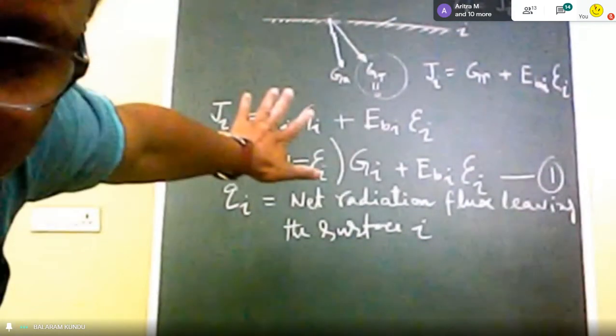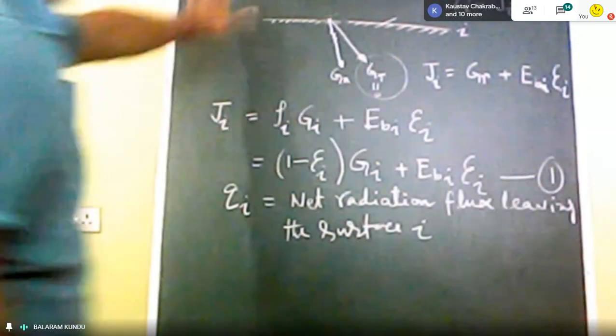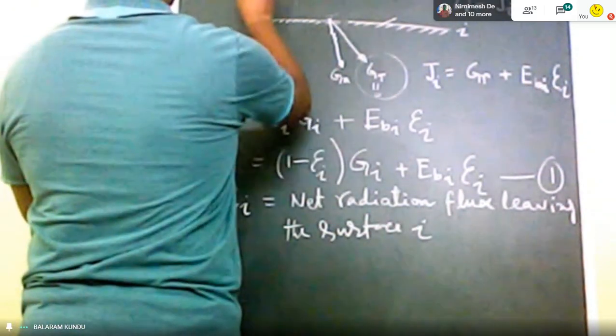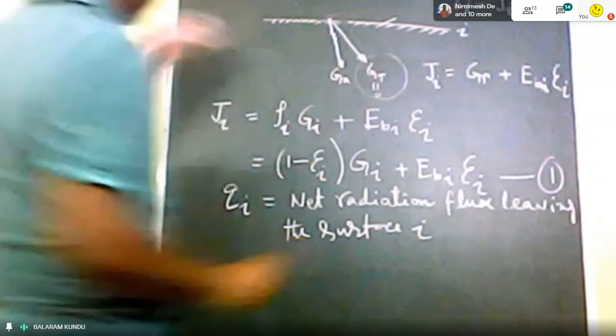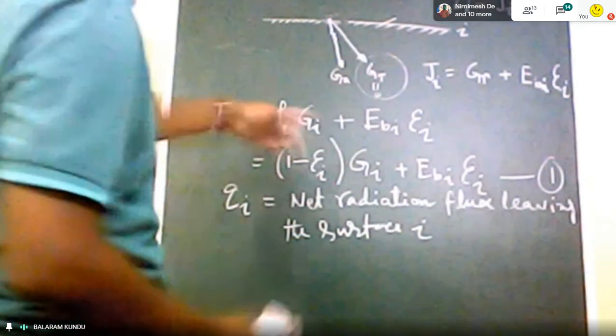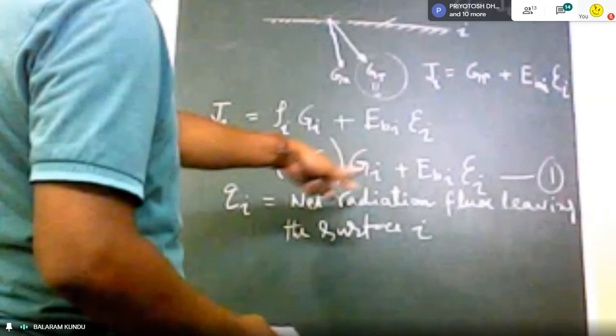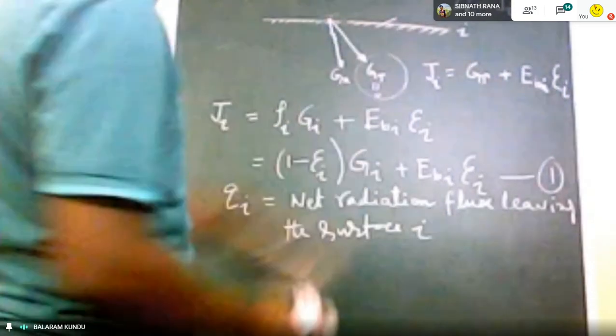It is okay. So qi. Keep the Ji expression in mind: 1 minus epsilon I into Gi plus EBI into epsilon I.